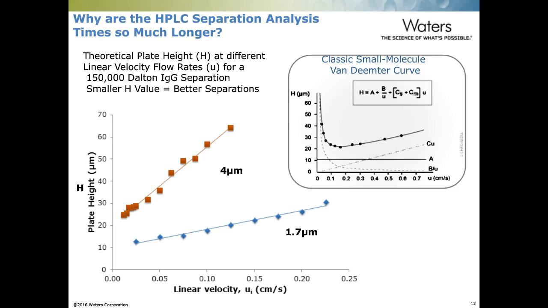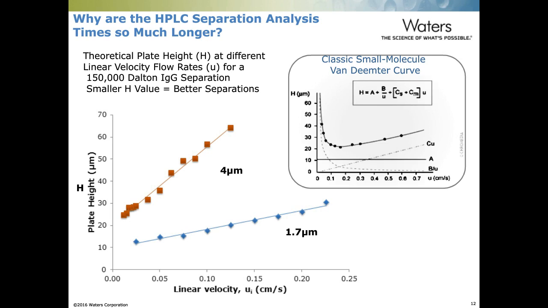The more important thing to notice here is that the A term is significantly lower, the A term being the eddy diffusion that occurs between the particles. Since these particles are small, the eddy diffusion term is lower, and the C term, which is basically the diffusion in and out of the particle, we can imagine as, the smaller the particle is, the more rapid that transport is in and out of the particle.